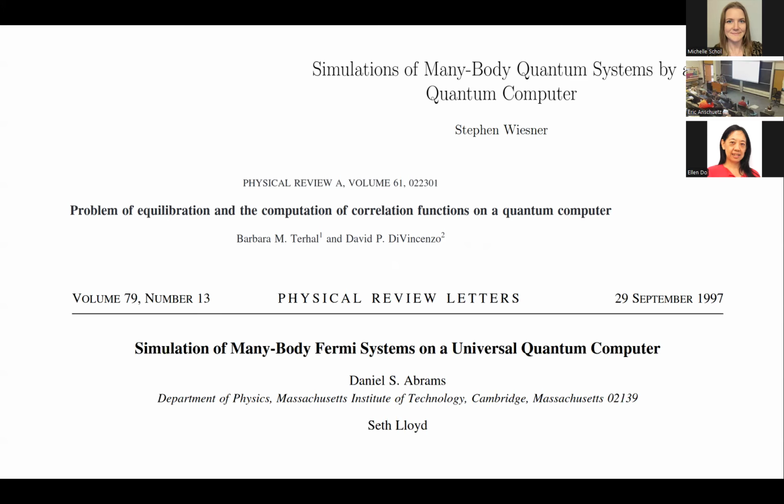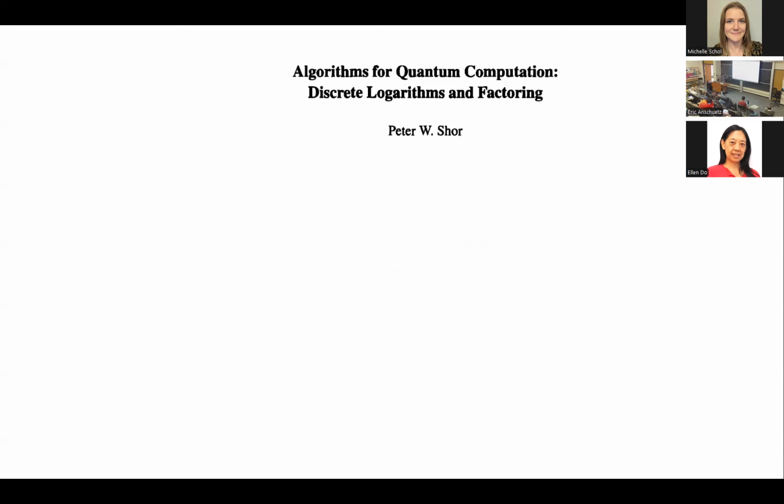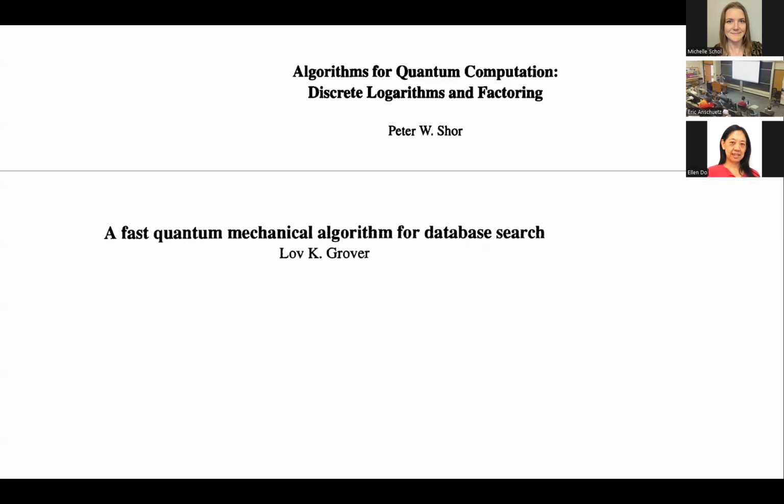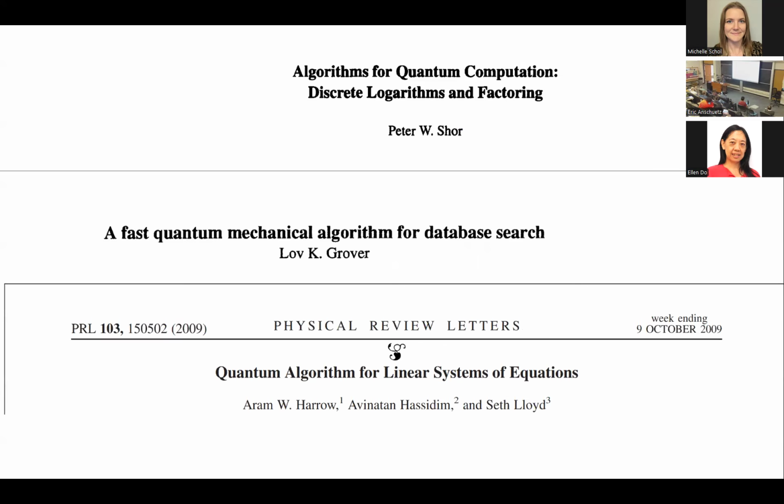But actually, it's more than this. Problems beyond physics, things like factoring or discrete log, unstructured search, inverting large matrices, solving these problems becomes much more efficient using quantum algorithms compared to traditional algorithms in this Turing machine model of computation.